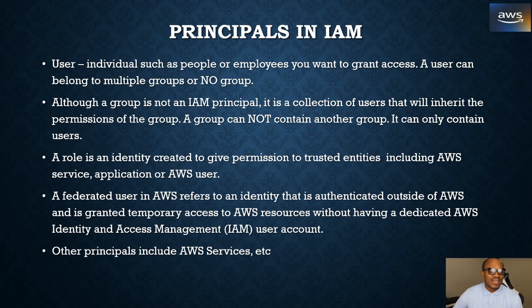Instead, this identity is managed externally, typically in a corporate directory like Microsoft Active Directory, or by a third-party identity provider like Google, Okta, or any SAML 2 compliant provider.